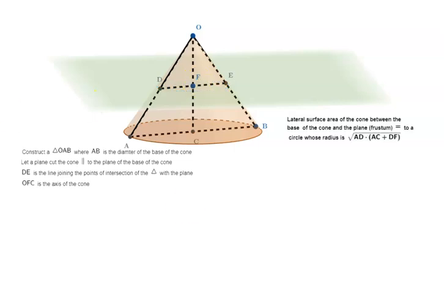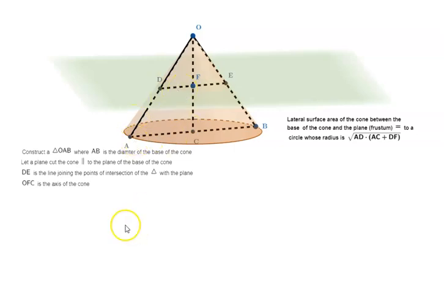Now, what the proposition is saying is that the lateral surface area of the cone between the base of the cone and the plane, that is called the frustum, is equal to a circle whose radius is the square root of AD times AC plus DF.